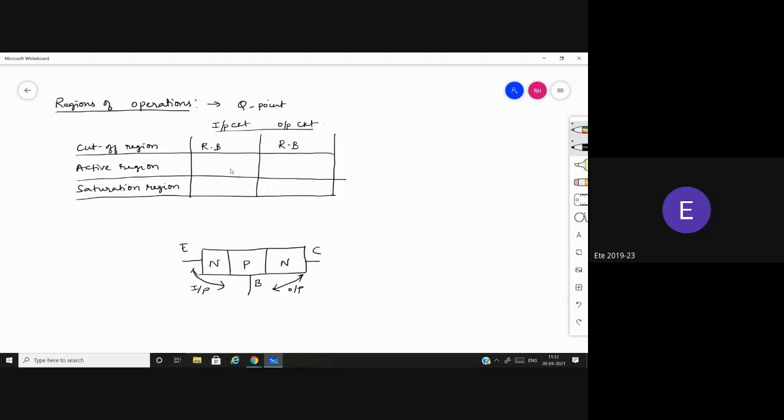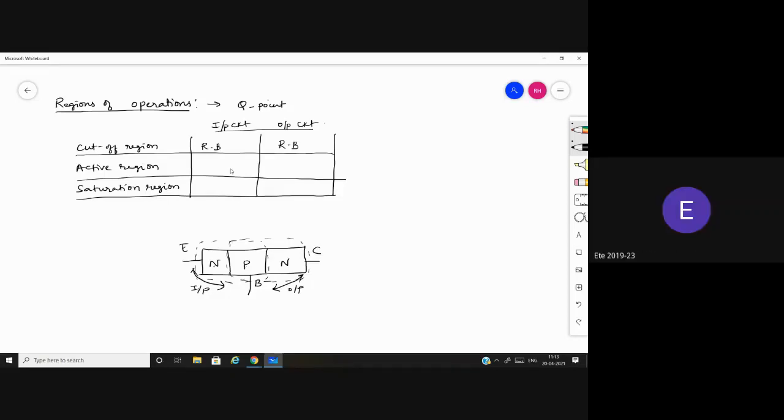So what is this reverse biased? When I consider only this part, what does this give rise to? Only these two layers, N and P, that is a diode. And if I consider these two parts, P and N, this is also a diode.